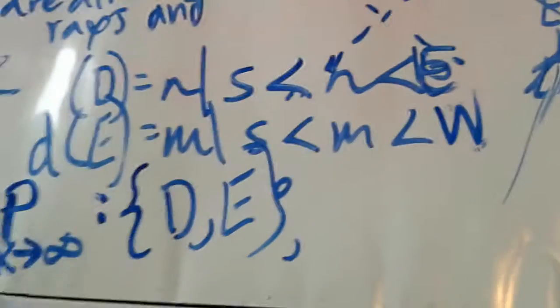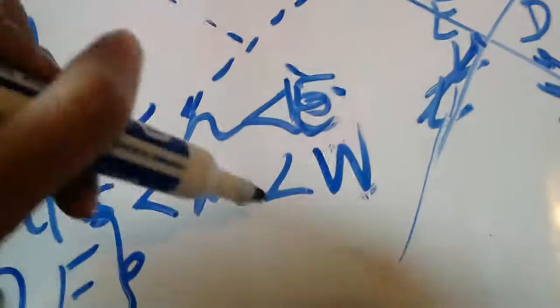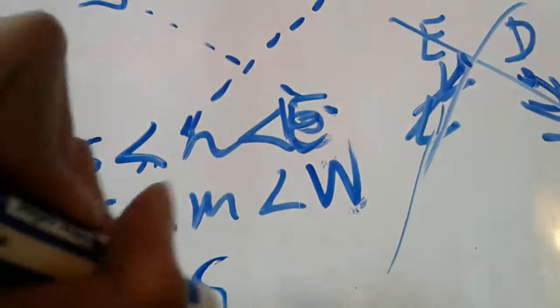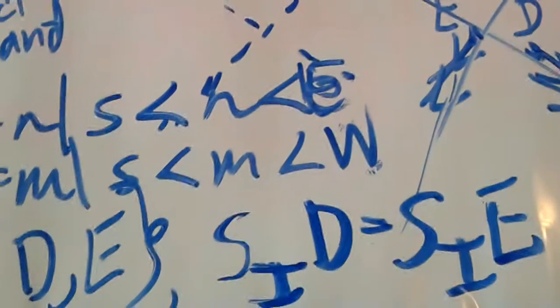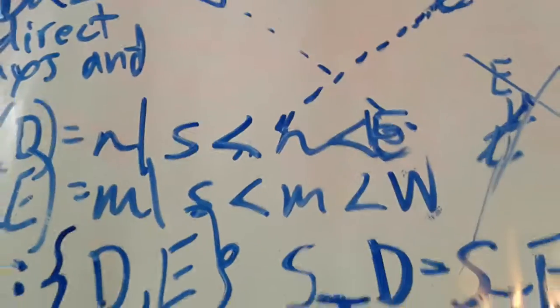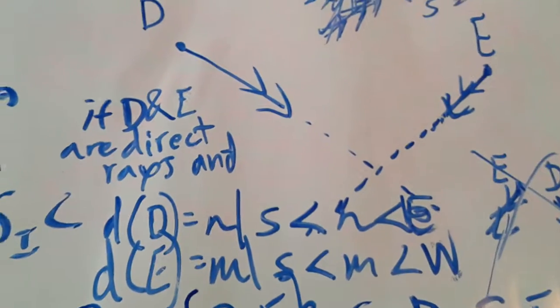Now, if the position is DE, from left to right, there is an intersection where S sub I of D equals S sub I of E. And that's pretty much it when it comes to these kinds of theoretical things, these kinds of fields.